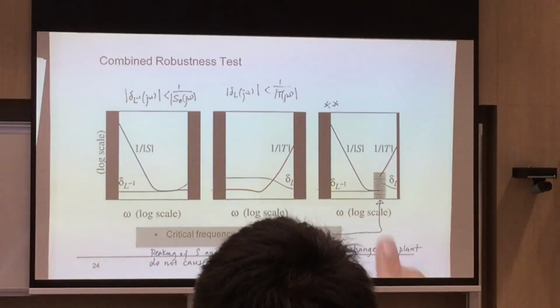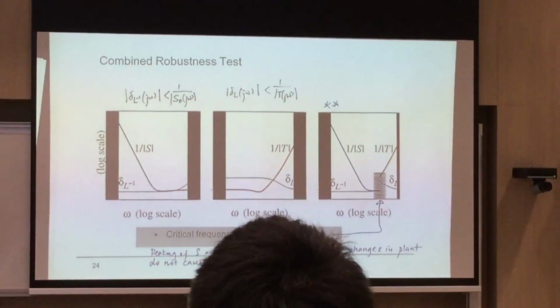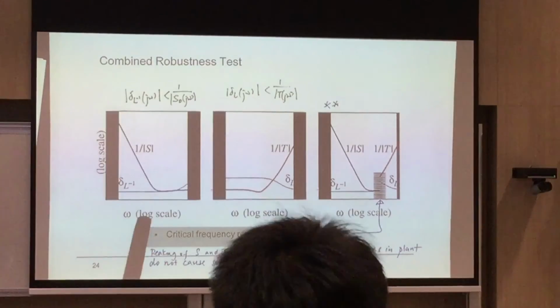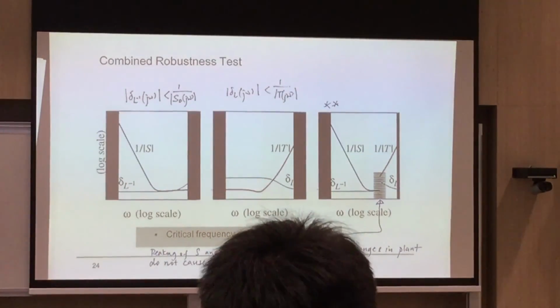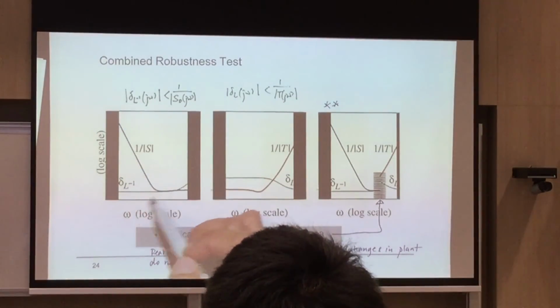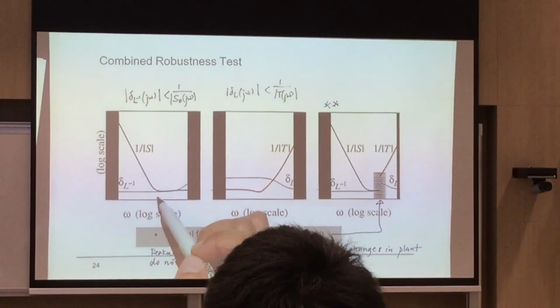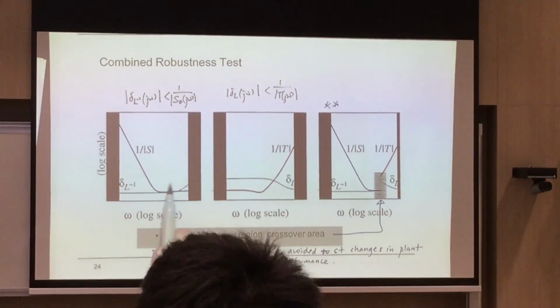And you see a crossover region here. For this particular plot, you're asking for ΔL inverse to be less than 1 over S. So over at this side, it's perfectly fine, because at this side the ΔL inverse is less than 1 over S. And here it's not.